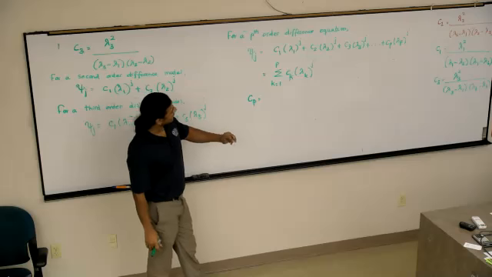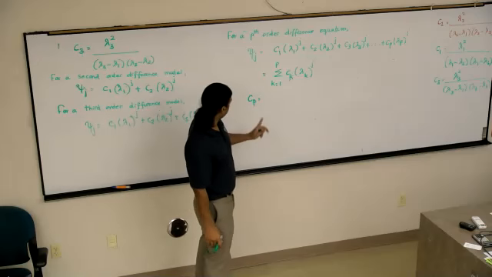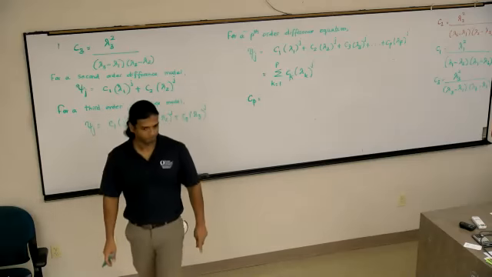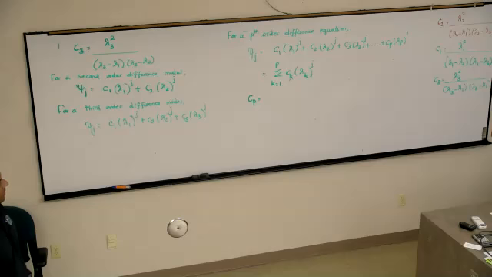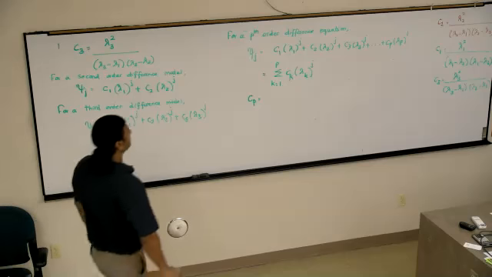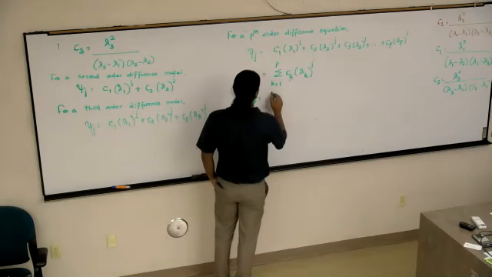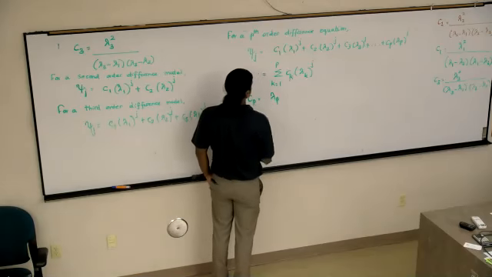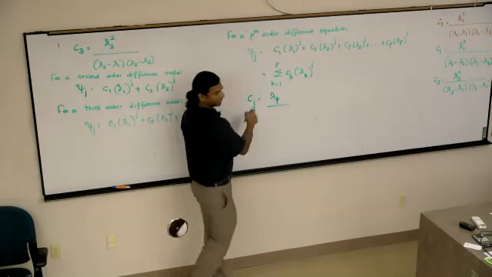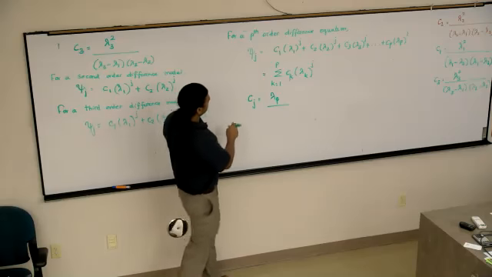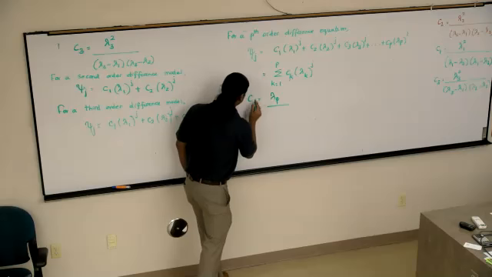How would I write C sub P? Would it be squared? I think that one would be squared. I'll call it J, not P. Oh, I used K, so I'll call it K.